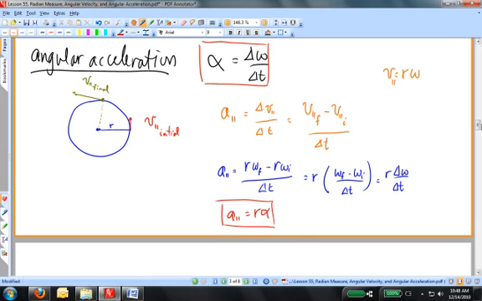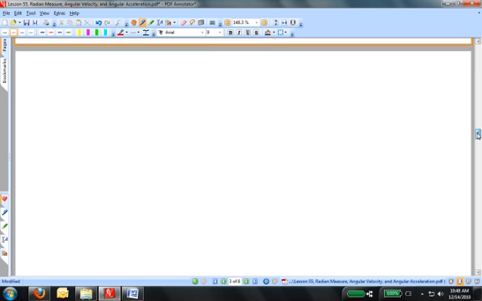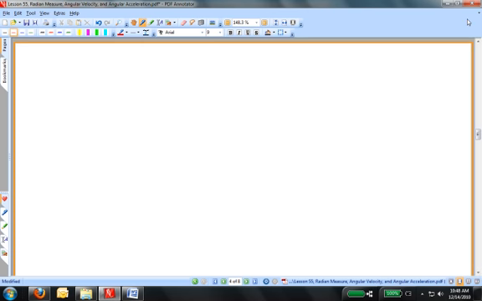These relationships for omega and alpha basically are good for objects that are spinning. So I have some solid object that's spinning around its axis, and we're describing that sort of motion. This is good for flywheels, for any kind of rotational motion that happens in a solid object.